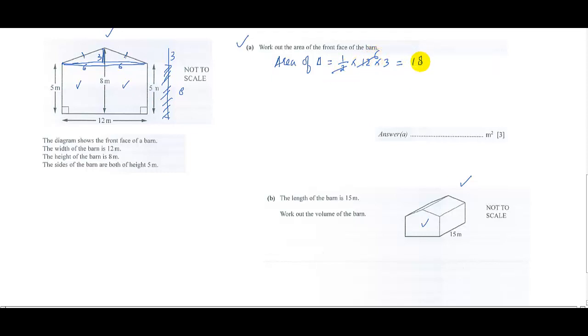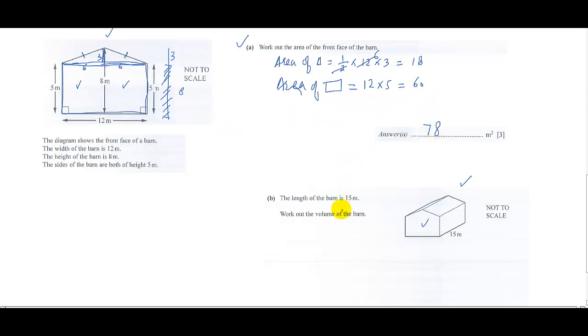Now the area of this rectangle is length, which is 12, into height, which is 5. It is 60. Okay, so its total area is 78 meters square.